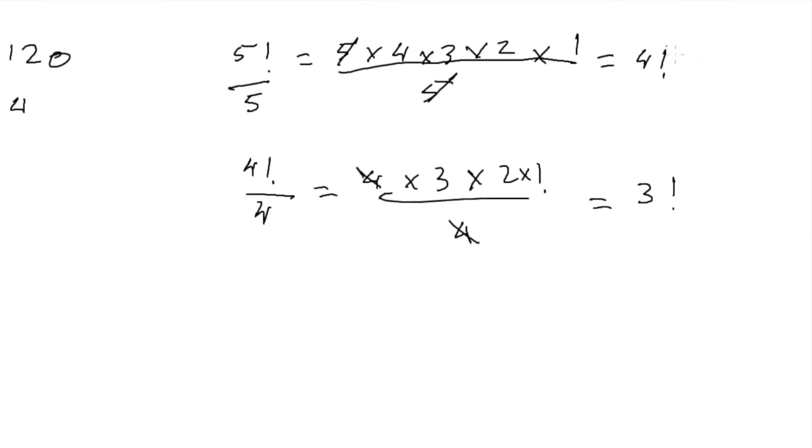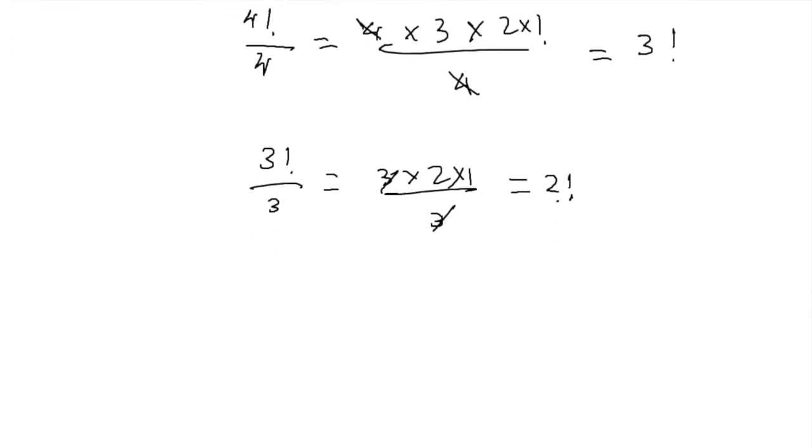Okay, now we're starting to see a little bit of a pattern, but let's confirm this. 3 factorial divided by 3 is equal to 3 times 2 times 1 divided by 3, which equals 2 times 1, which is 2 factorial. So now we're starting to see a solid pattern.